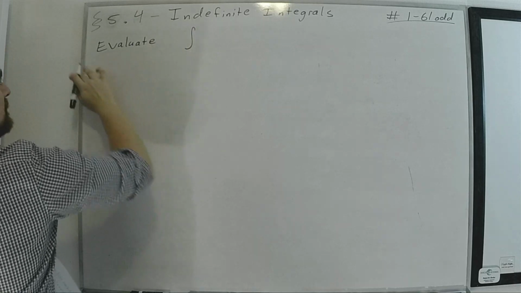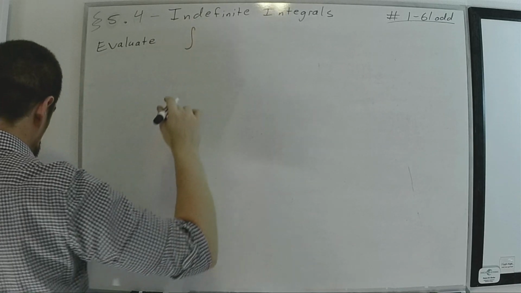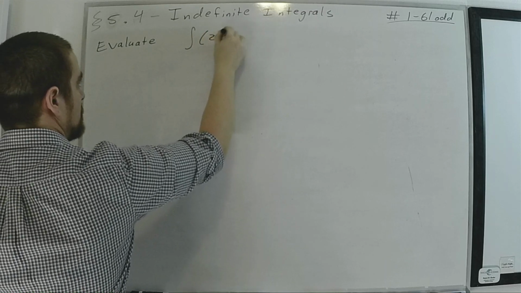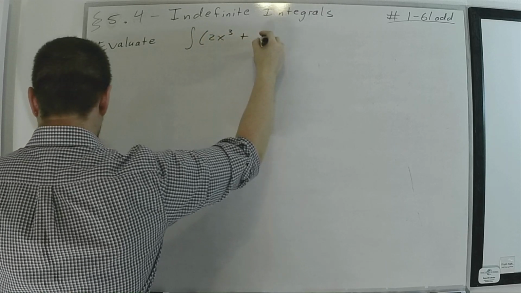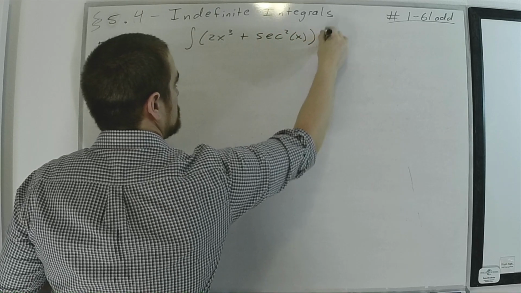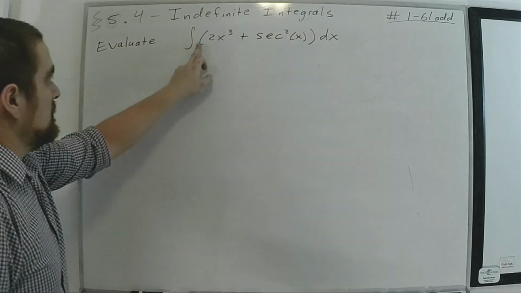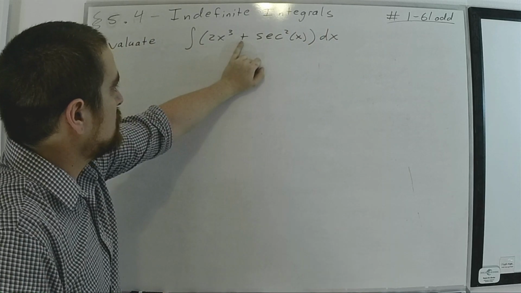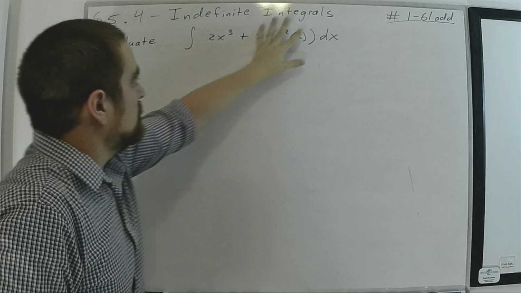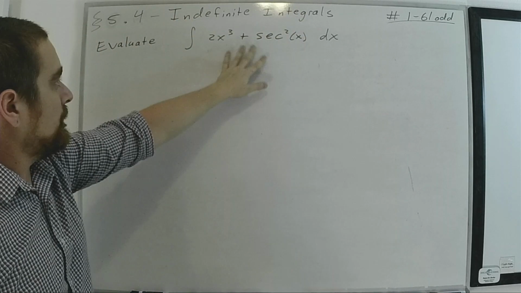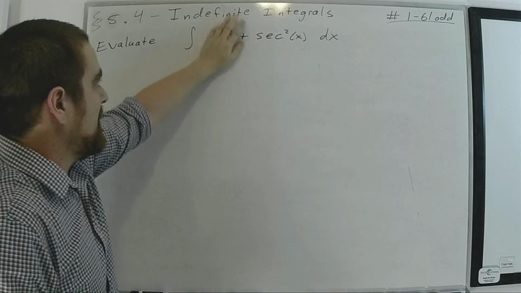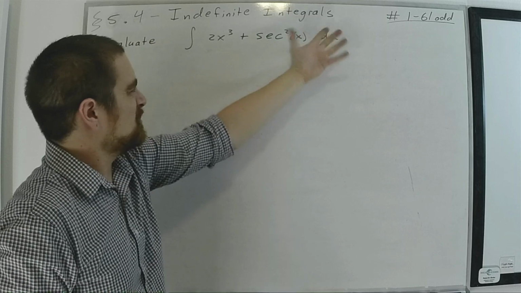Let's say we want to evaluate this general indefinite integral of 2x cubed plus secant squared of x with respect to x. And I'm putting these parentheses here because there's addition. The terms are separated by addition or subtraction. If I run the risk of writing it like this without that, then it looks a little sloppy, like I'm anti-differentiating this, and then I'm just adding some weird differential later, right?